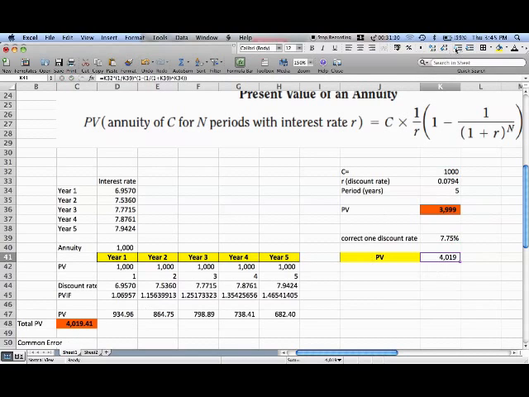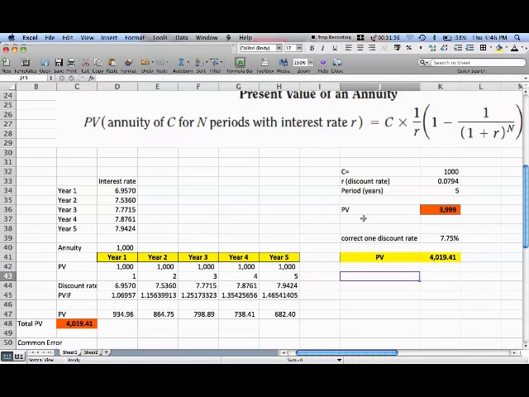Okay, so hopefully you understand this video, where I show you how to find one single rate that you can use in the short formula to get the present value of the annuity.